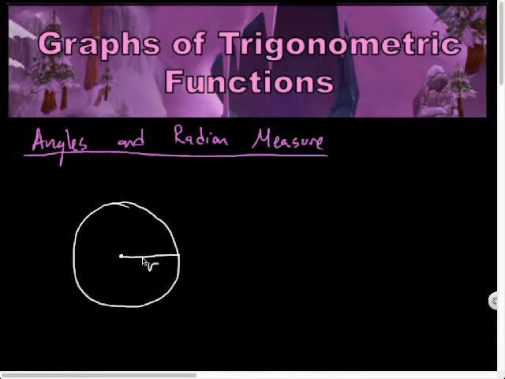Instead of thinking of the number of degrees between two sides and a vertex, we're actually going to measure our angle based on this arc right here, all right? So I'm going to measure it based off of the arc.